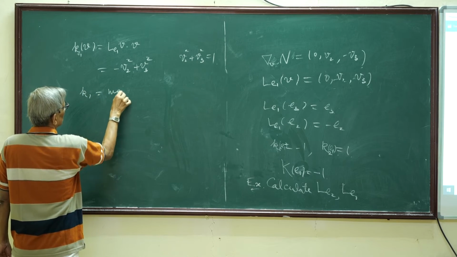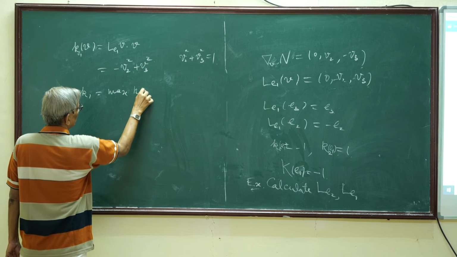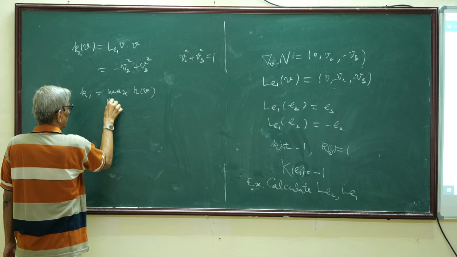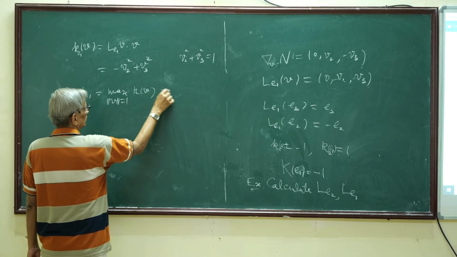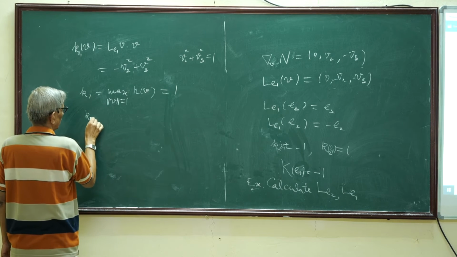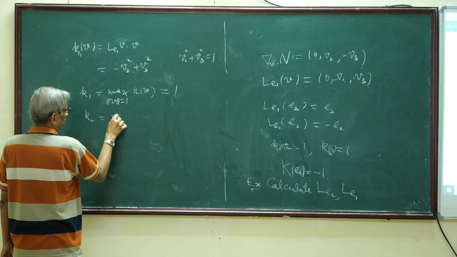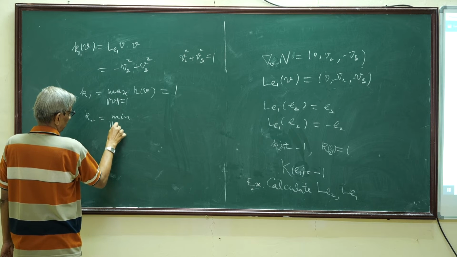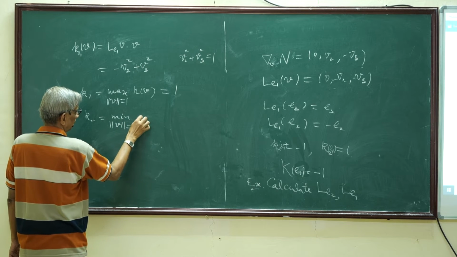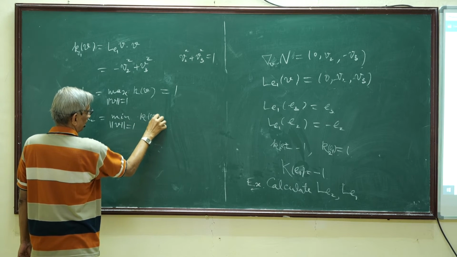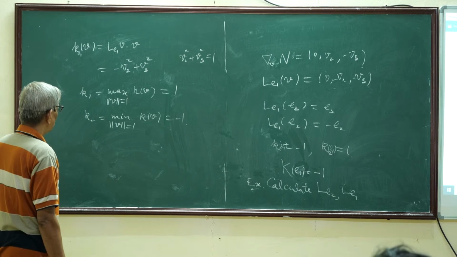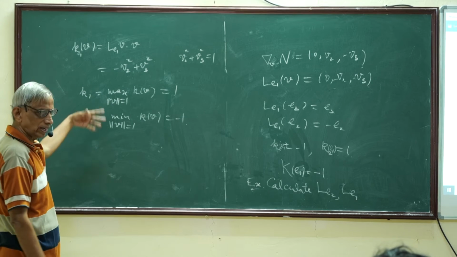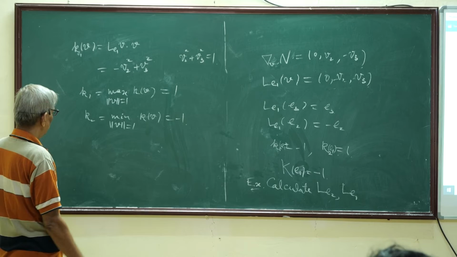Max of K(V), norm V equal to 1. This is going to be 1. K2 is minimum, in this case it is... K2 is the maximum, K1 is the minimum.